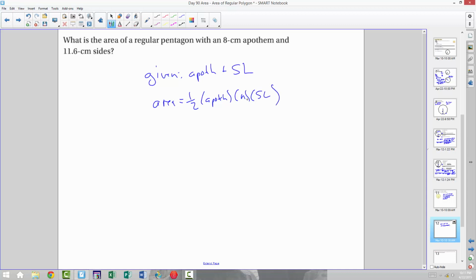Remember, n times the side length is your perimeter. So half times 8 times 5 times 11.6 gives me 232. So my area is 232 centimeters squared.